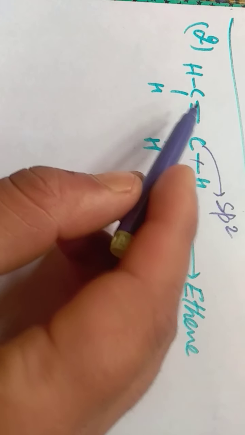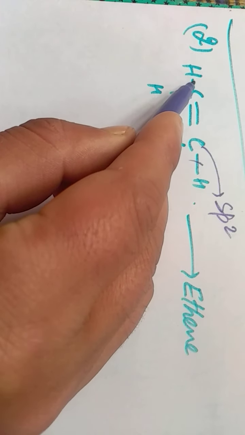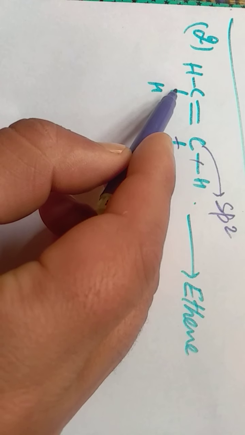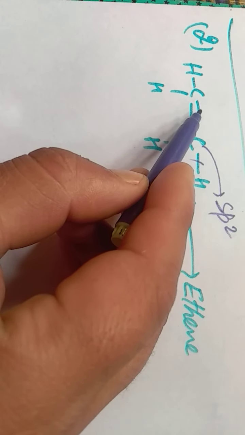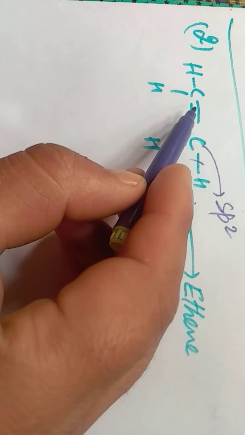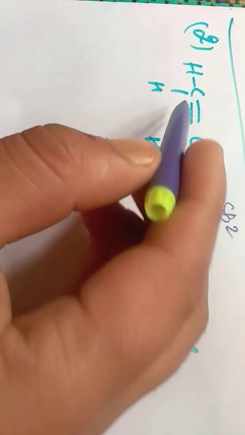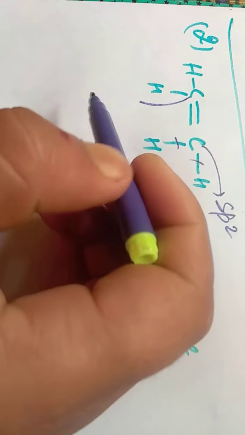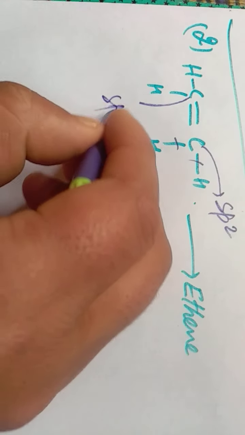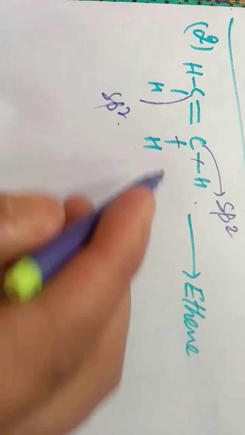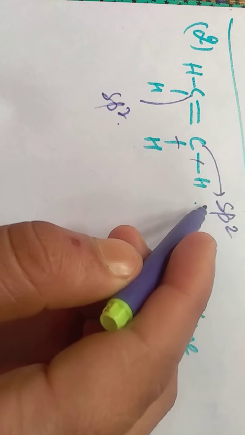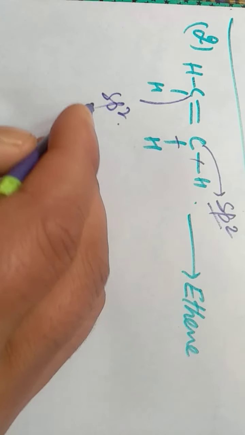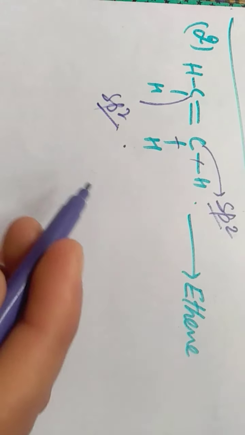Same is the case. 1 sigma bond is there and another sigma bond is there, means 3 sigma bonds are there. So same sp2 hybridization, right? So in ethene both carbon atoms are sp2 hybridized.